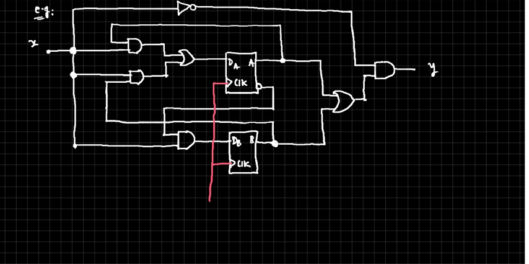And the earlier circuits are called Moore FSM, M-O-O-R. When there are no inputs involved in the output, when the output depends only on the present state, such kind of sequential circuits are called Moore FSM, finite state machine. And where the inputs are involved, that's called Mealy.